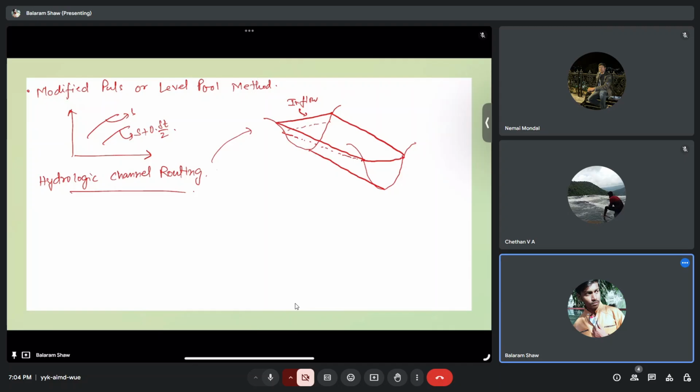Okay, so what we see here is the movement of a flood wave in a stream channel. We know that the movement of a flood wave in a stream is a highly complicated phenomenon, right?